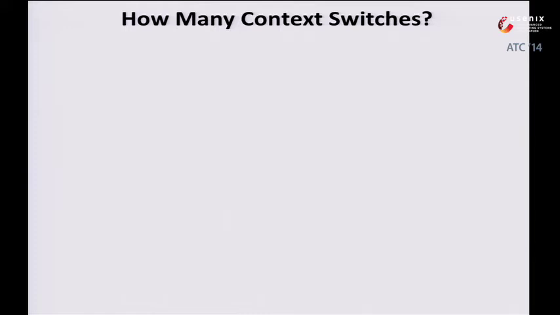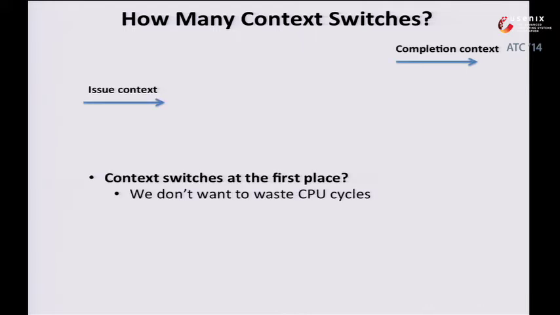But how bad is it? How many context switches are there? And why do we even have them? Well, operating system 101: there is the first context switch where the thread issues an I/O and sleeps. This is because we don't want the thread to waste CPU cycles waiting for the device. And here, we rely on a context triggered by the device to wake the thread up, and it's the hardware interrupt.